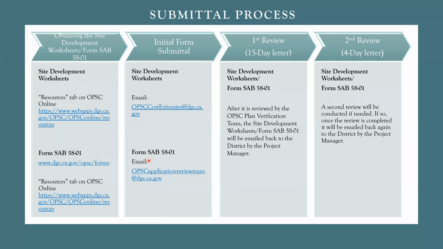The form SAB 5801, which is for facility hardship, you would submit to the OPSC application review team at dgs.ca.gov. After that, you would get a first review, and if necessary, a second review. We'll go into more detail as to what the first and second reviews entail in a minute.